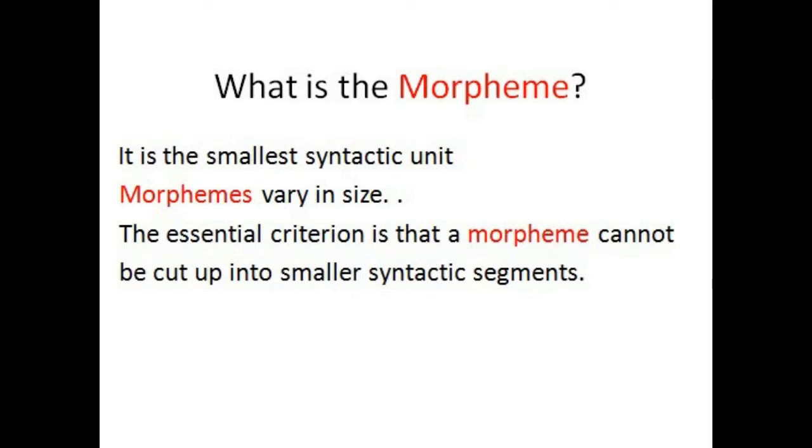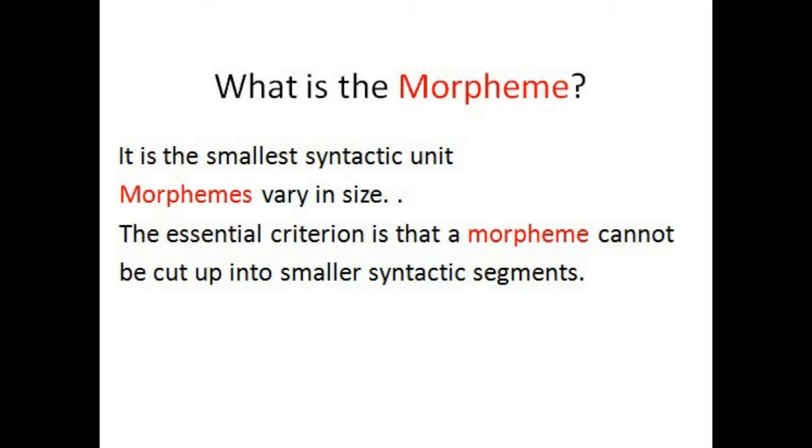They can be classified as free morphemes, and by the free morphemes I mean the morphemes which can stand alone as words, or bound morphemes which must be combined with another morpheme to form a complete word. There is a point that should be mentioned, that neither syllables nor length are any guide to their identification.